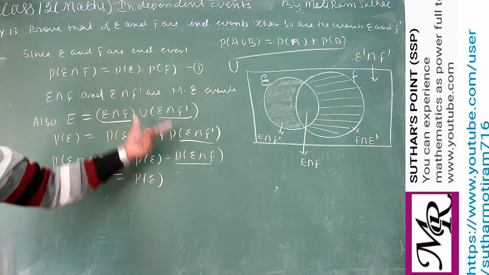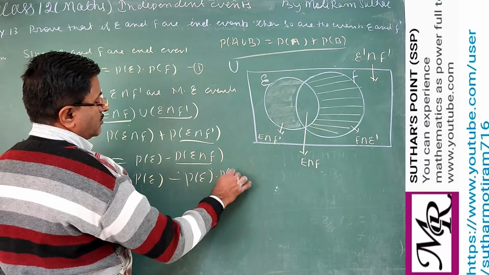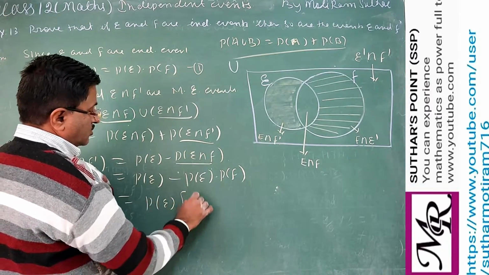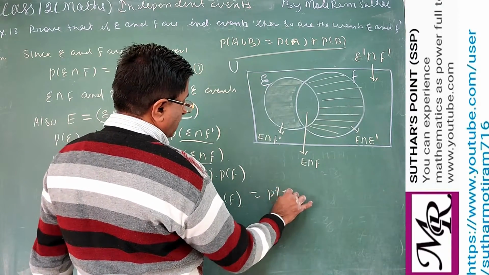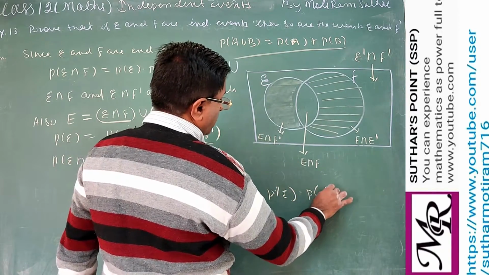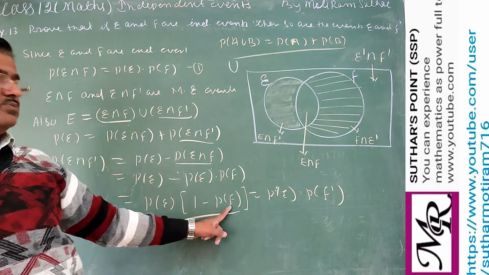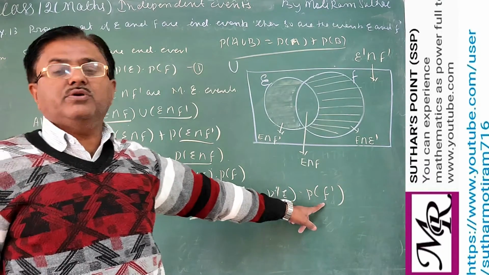So we use this formula here: minus PE into PF. Here you can take PE common, so PE into 1 minus PF. As you know, because this is a complementary event, 1 minus PF can be written as PF naught.